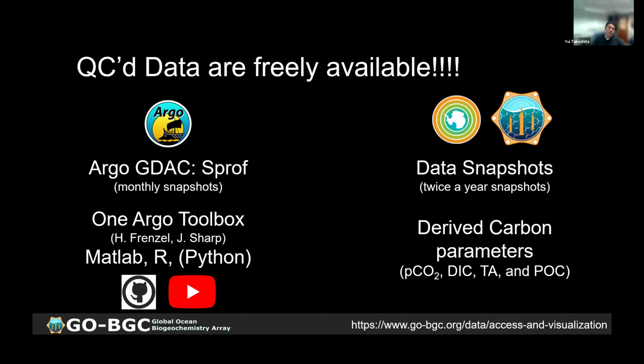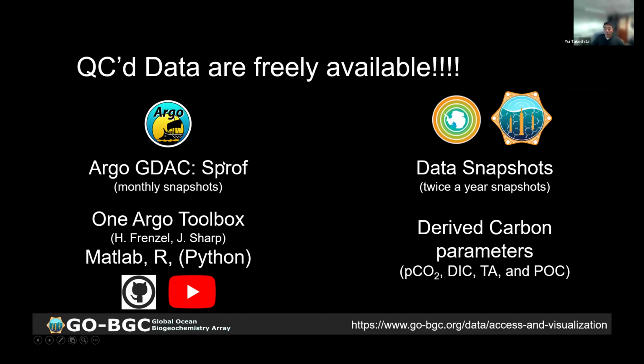As true for all Argo data, BGC Argo data is freely available in real time or near real time. Our goal is to get it online within 24 hours since the float surfaces. There are multiple ways to access the data, but the main data portal that we suggest is the Global Argo Data Assembly Center.